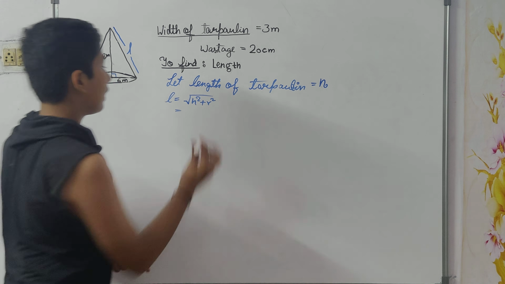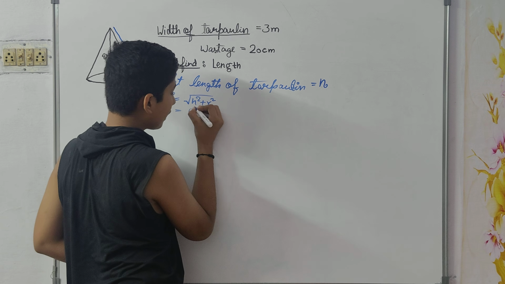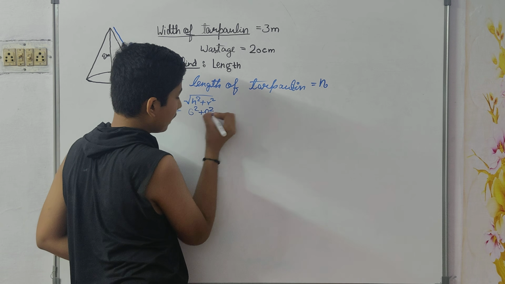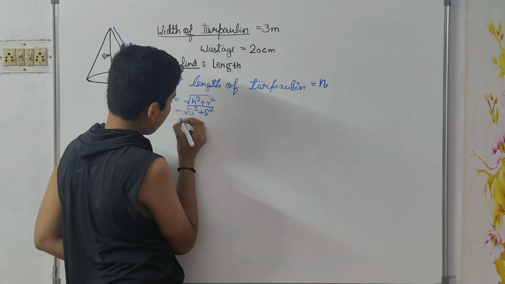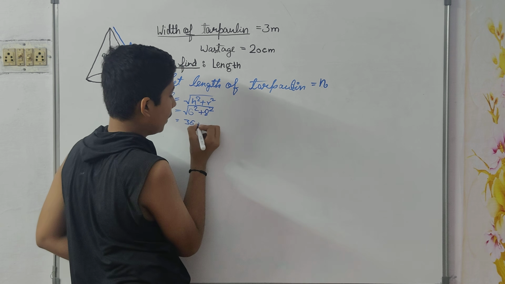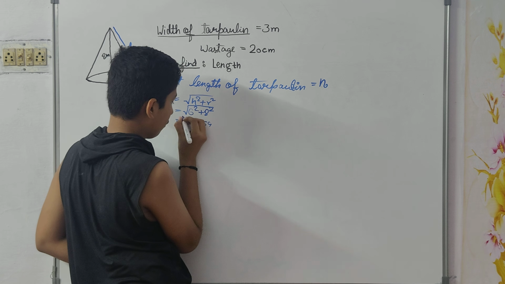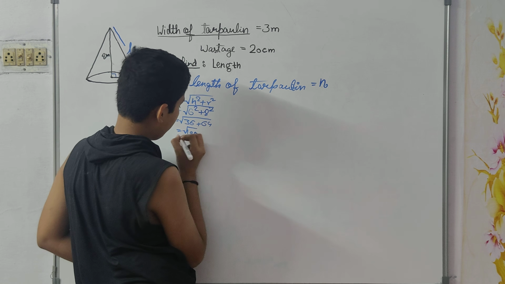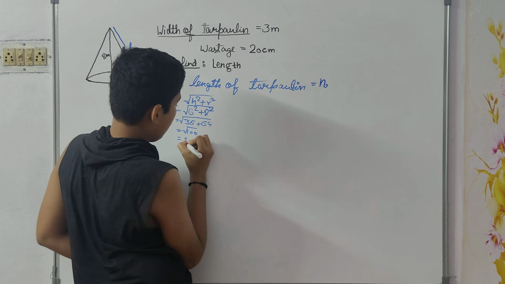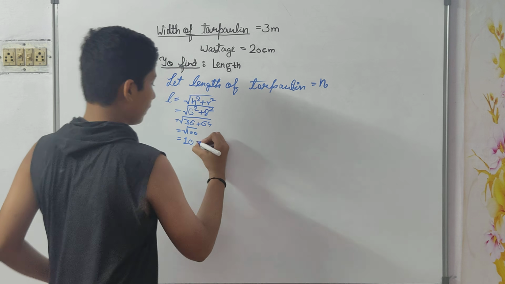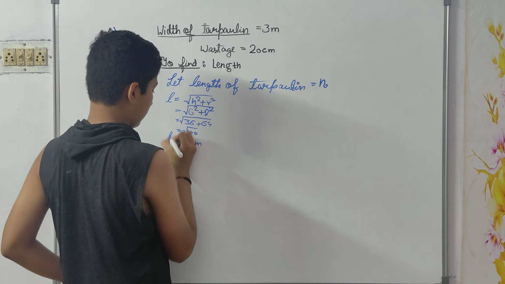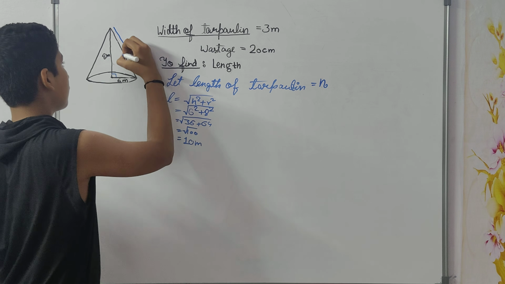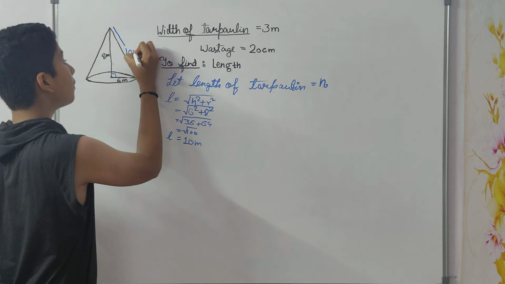So it is 6 square plus 8 square under root, 36 plus 64 under root, root of 100, which is 10. Root of 100 is 10, means l is 10 meter.